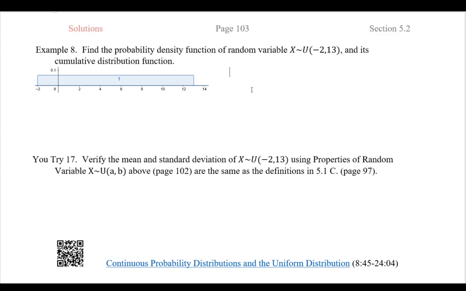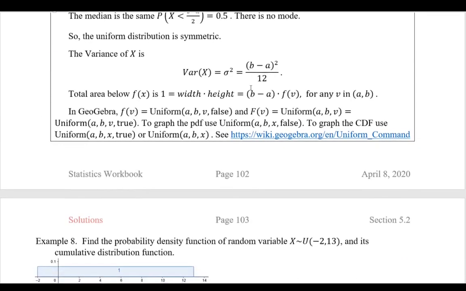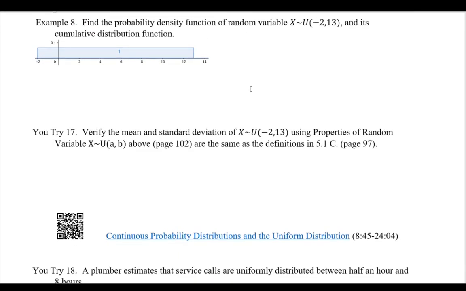Example 8. Find the probability density function of a random variable x distributed uniformly from -2 to 13 and its cumulative distribution function. So we could find this using the properties above, but why does it work? Well, we know that the uniform distribution should be flat, and it also has an area totaling 1 underneath it.